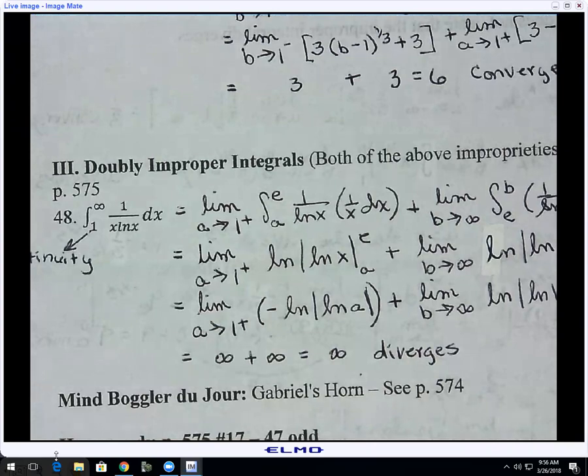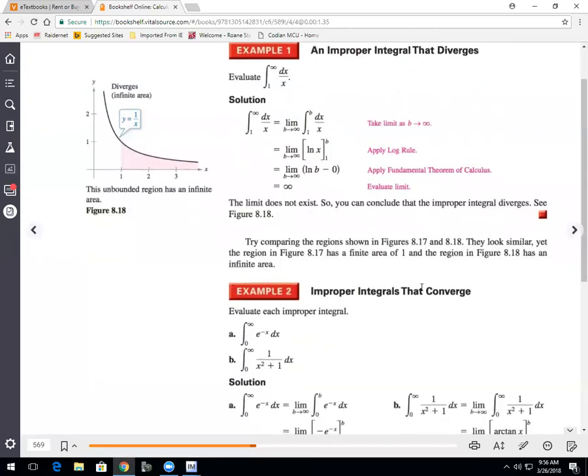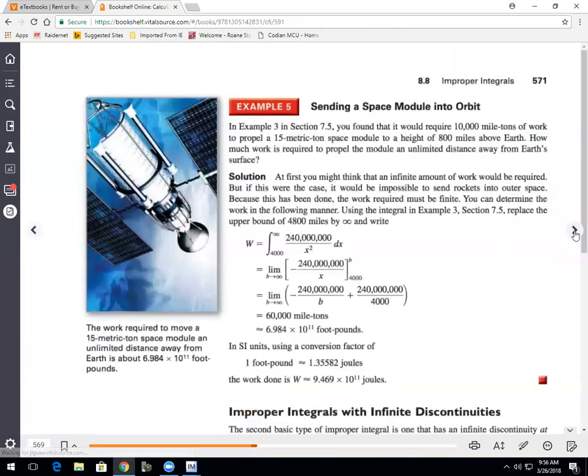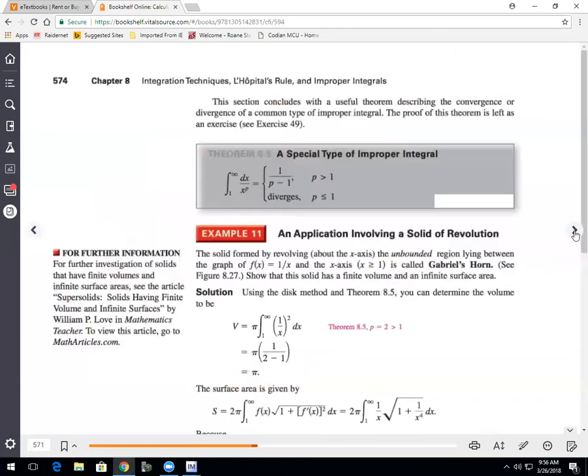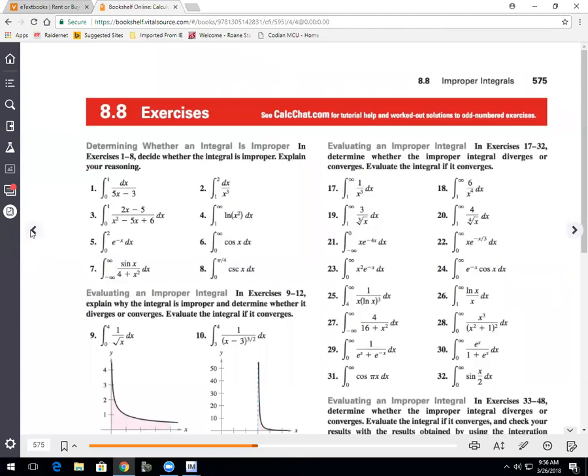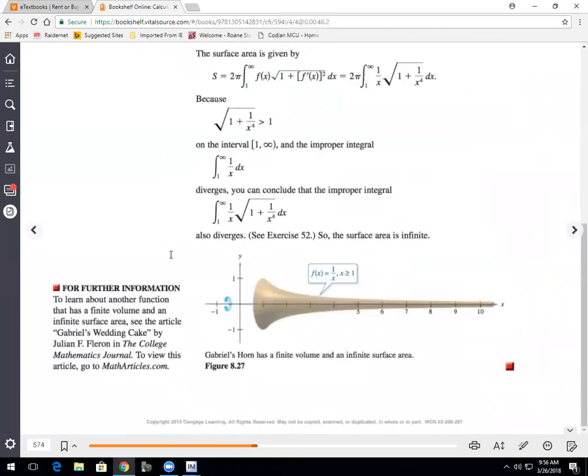And then, very last thing I want to show you. Just when you think calculus can't get any more fun, there's Gabriel's horn. I'll let you look at that example in the book. But it has a finite volume and an infinite surface area. How can something with infinite surface area have finite volume?